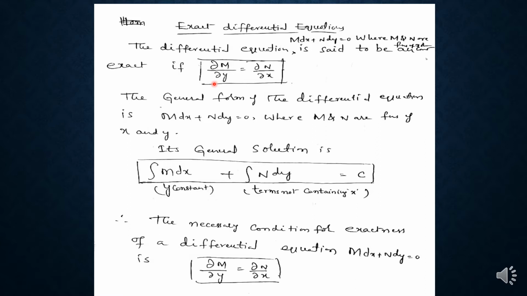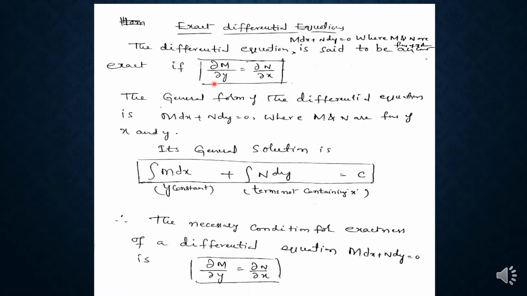After satisfying the condition, we can find its general solution by using the formula integral M dx plus integral N dy is equal to some constant c. Here M is a function of x and y.